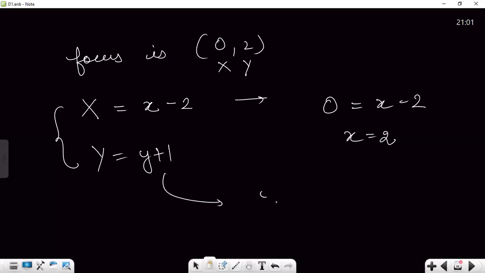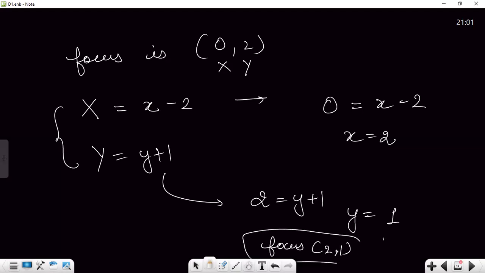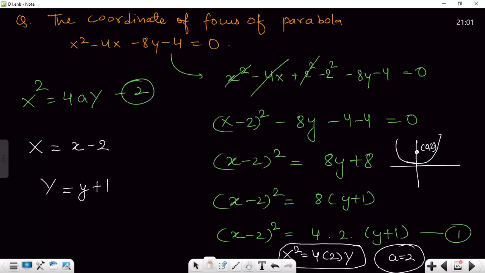If capital Y is 2, then small y will be 1. So our focus as per the small x and small y coordinate system is 2, 1, which is our answer. So this is how shifting of origin happens.